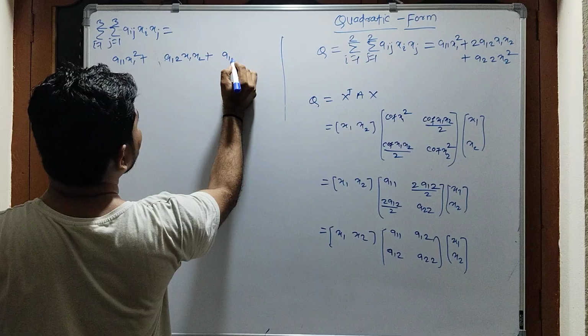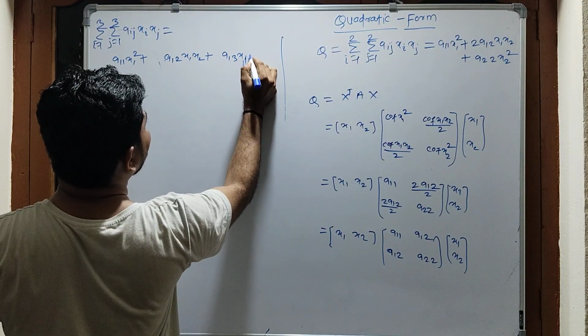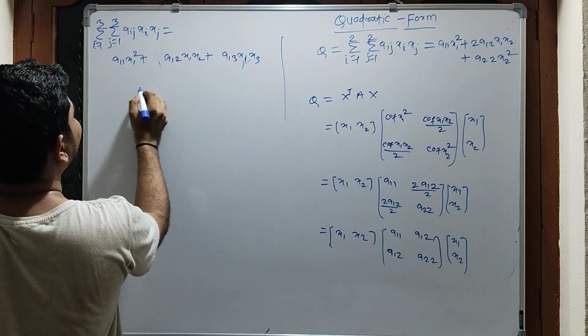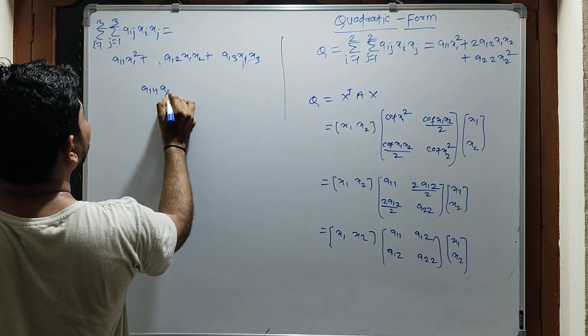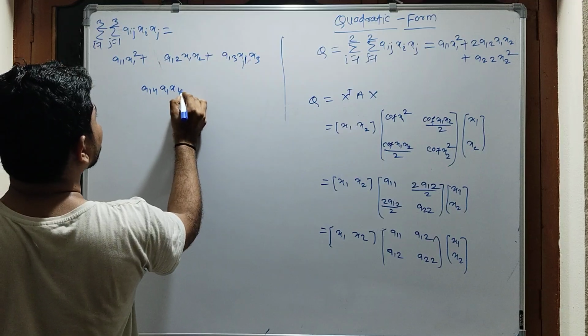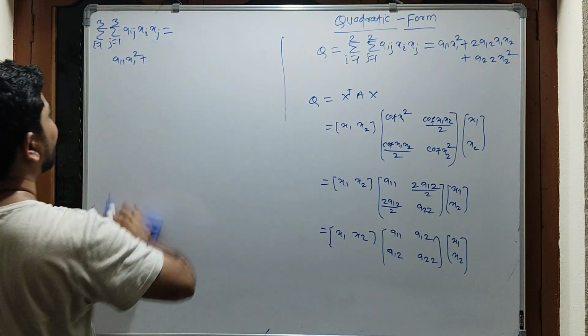Here this is a13 x1 and x3. Plus a14 x1 x4. So directly write, no need to repeat.